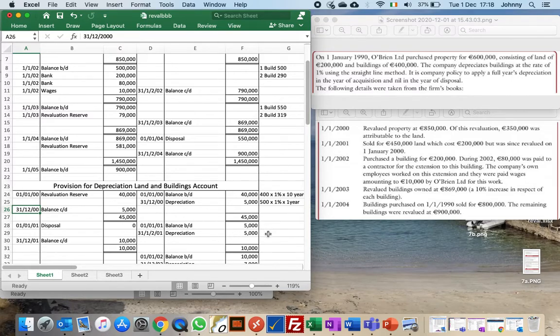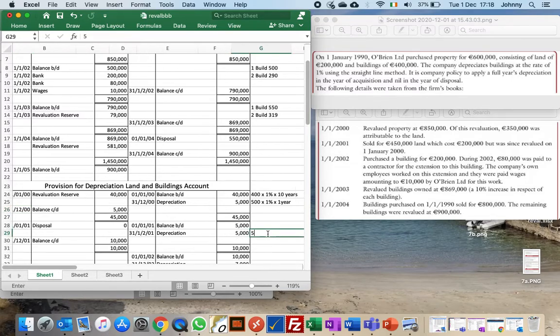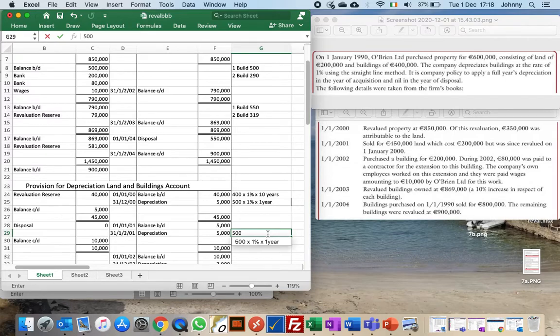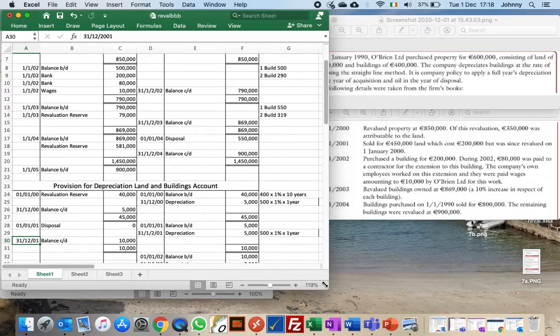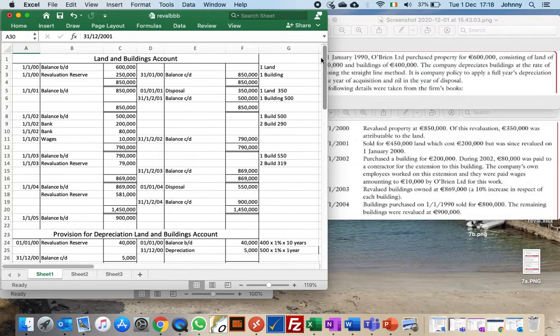So we're going to add in another year's depreciation, which will be another 500,000 times 1% times 1 year. Okay, so that depreciation is going to be added on. So now I've got a total of 10 grand in my provision for depreciation account. So that 10 grand then will be carried over when I start doing my depreciation for the next year, which is the third year, 2002.